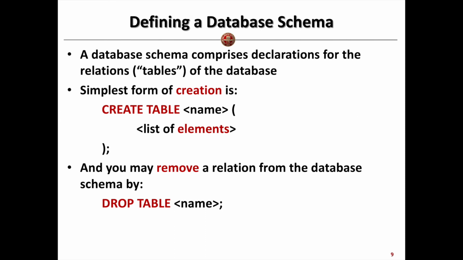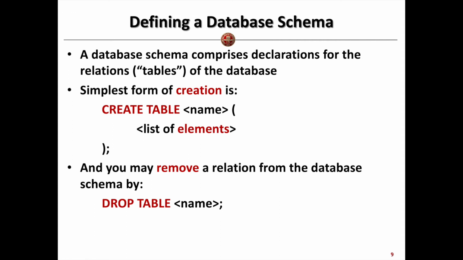As shown here, once we want to declare some relations in our database systems, we can do so by creating tables. Creating a table is equivalent to declaring a relation in the database systems. Here we can see that we can create a table followed by a table name, then we have parentheses with a list of elements inside it to declare this table, and we have a semicolon at the end of this declaration.